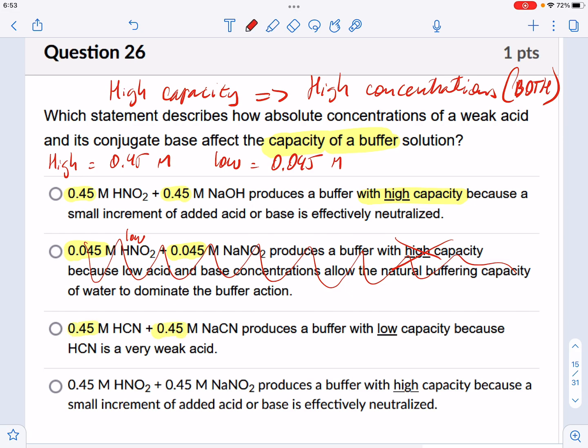We have determined that that represents high concentration. Therefore, will give you a high buffer, not a low capacity buffer. Okay. So those concentrations, and you have the conjugate acid base pair. Okay, and it's a weak acid base pair. So this will be a high capacity buffer actually. So that's why we don't pick this one, because it's telling you that those concentrations is associated with a low capacity buffer.